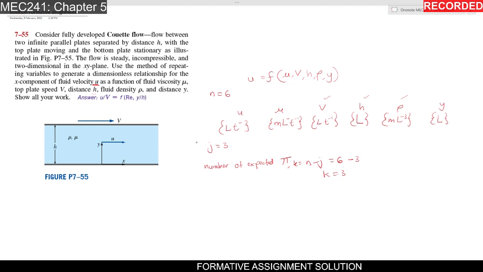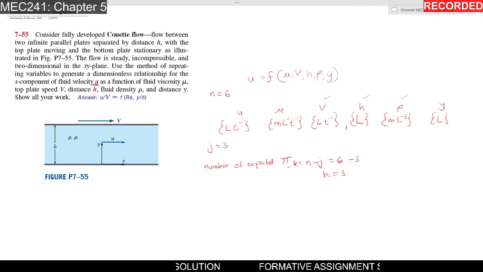Because y will appear in every pi, and h is a fixed value, so it is desirable to choose the fixed variables here. Otherwise y will appear in every Buckingham pi that we try. So we choose 3 of them: density, h, and V, velocity.